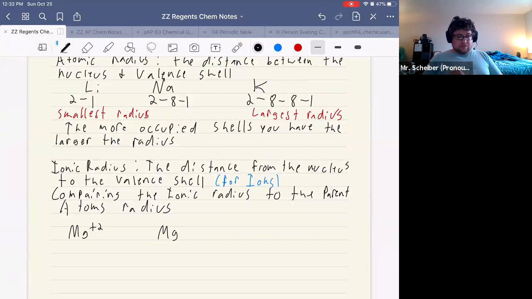Now, for the electron configuration of the Mg ion, assuming that it is in ground state, it's just that. Whereas the Mg atom is 2, 8, 2. So we can see here that the Mg +2 ion only has 2 occupied shells.